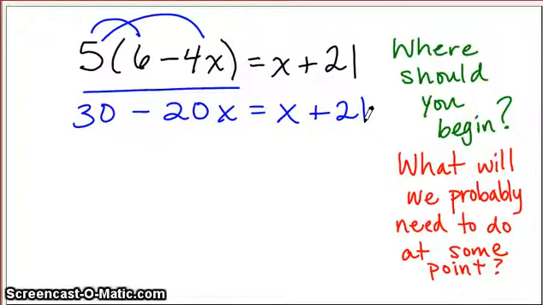Our like terms are the x's and the constants, the number terms. Most people like x's on the left, so let's move that x term over. If I want to move that x term over to the left side, how am I going to do that?